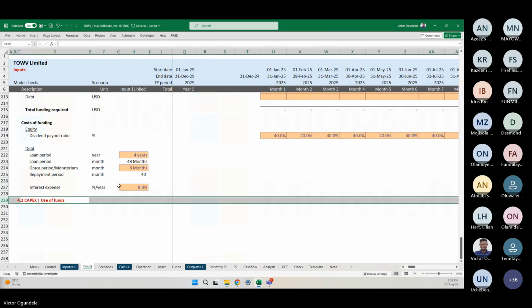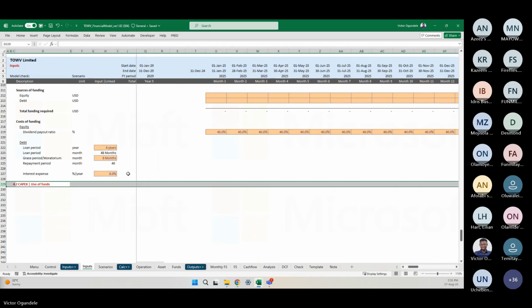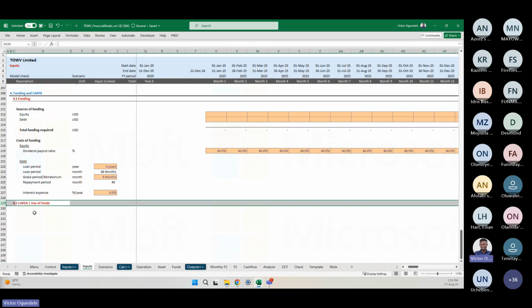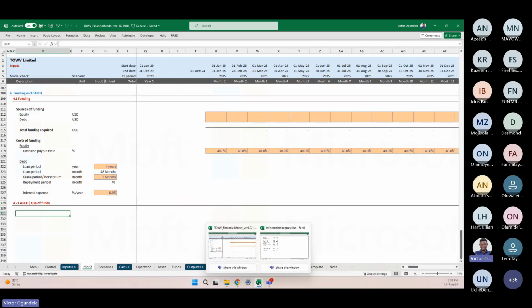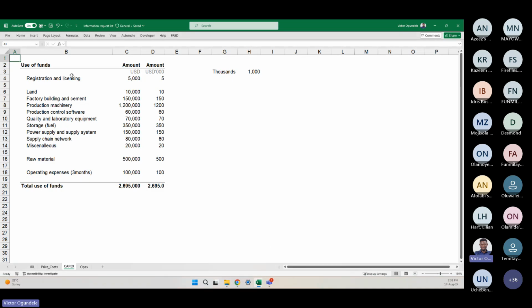Okay. Right. So for the capex, let's just go straight to our IRL and copy everything the client has given us already.